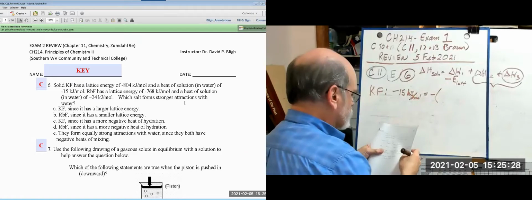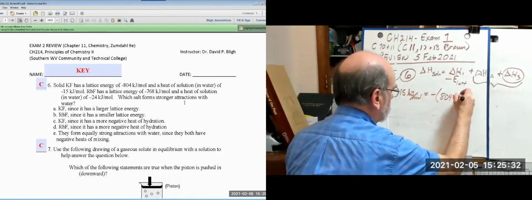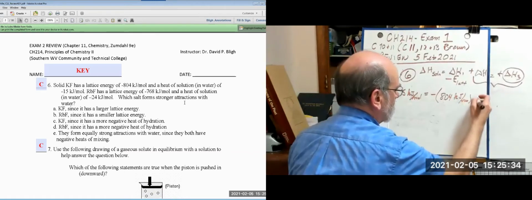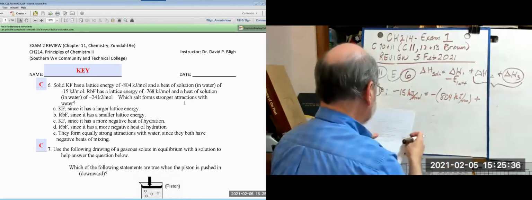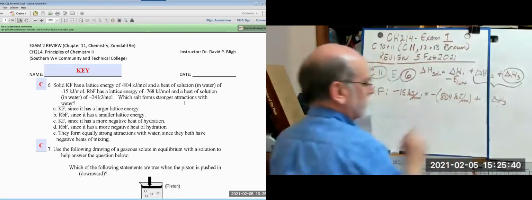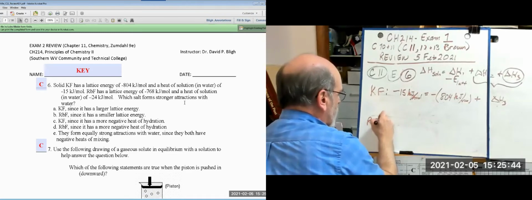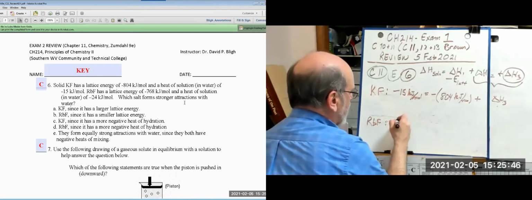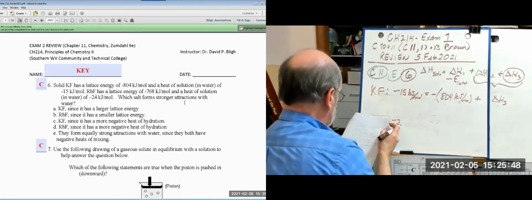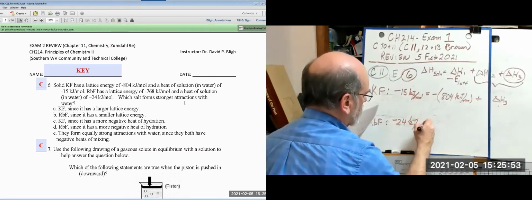So the lattice energy is 804, and then plus this. Okay, this one, rubidium fluoride, then would be minus 24 kilojoules per mole.